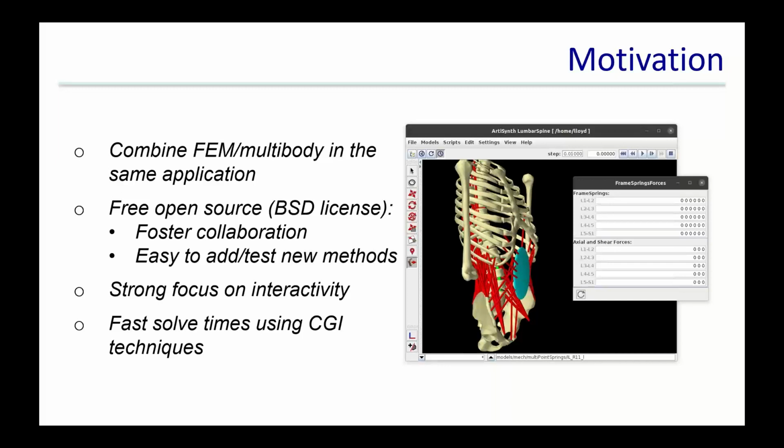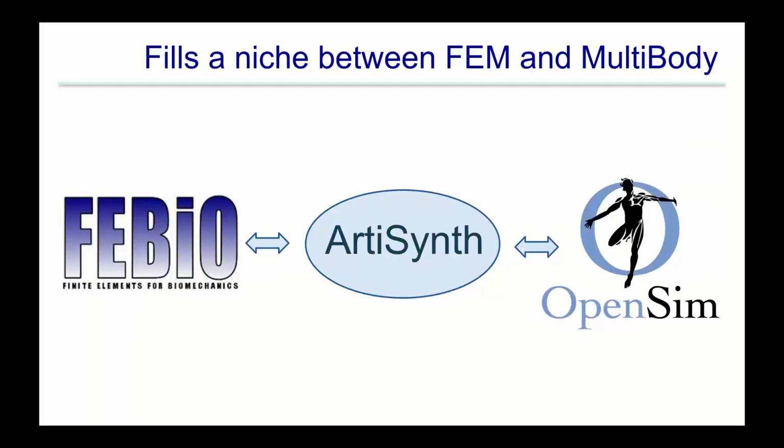And another thing that we did was we were able to incorporate some techniques from CGI, computer-generated imagery, in order to speed up the simulation, particularly with regard to contact. So ArtiSynth fills a niche somewhat in between FEBio, which is an open source finite element software for biomechanics, and OpenSim, which is a relatively well-known multi-body simulator.